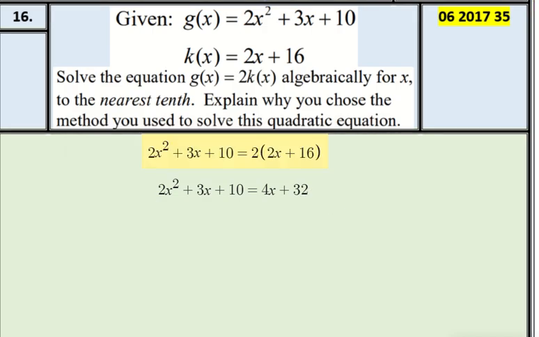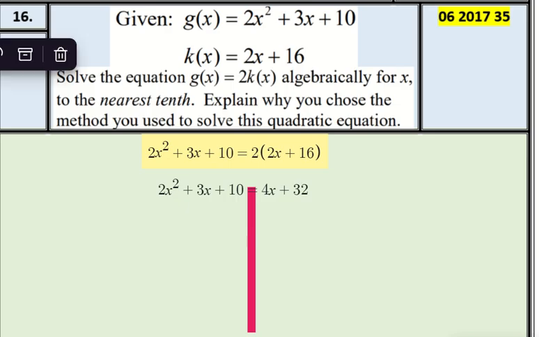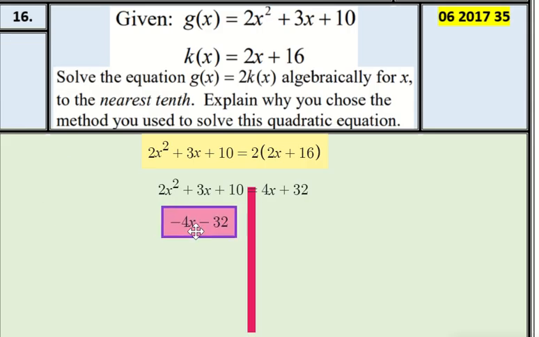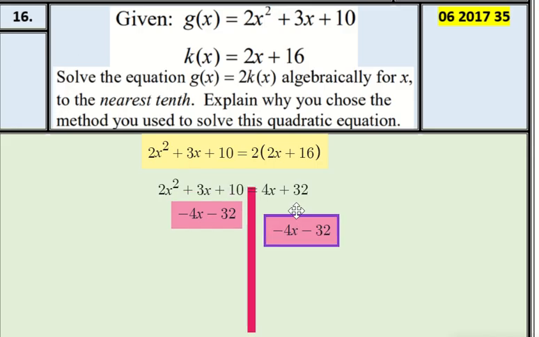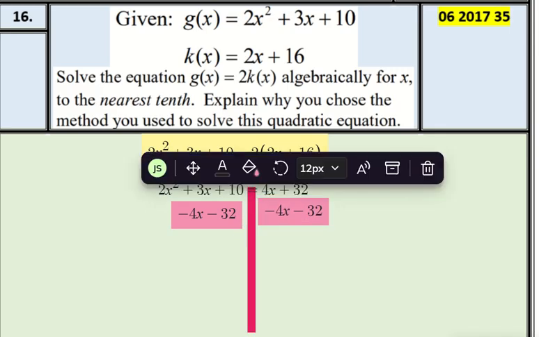So our goal is to get everything on the same side of the equal sign. So we extend our equal sign, and we're going to subtract 4x and subtract 32 from both sides of our equation. So minus 4x minus 32. And bring down our CLT line.